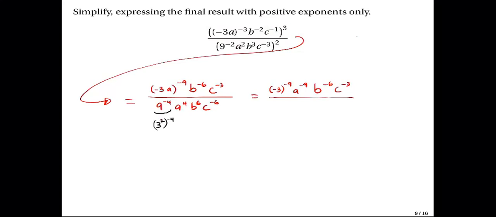So 9 raised to negative 4 will be equal to 3 squared raised to negative 4. And so in the denominator here, I'll just write it as 3 raised to negative 8. And then I'll just copy the other guys here: a to the 4, b to the 6, c raised to negative 6.